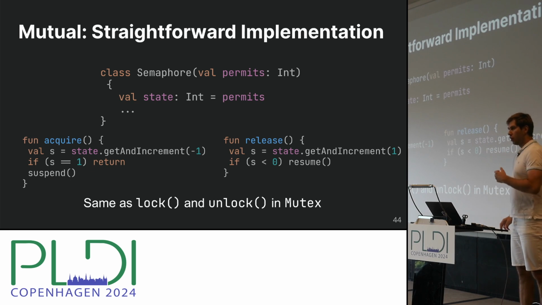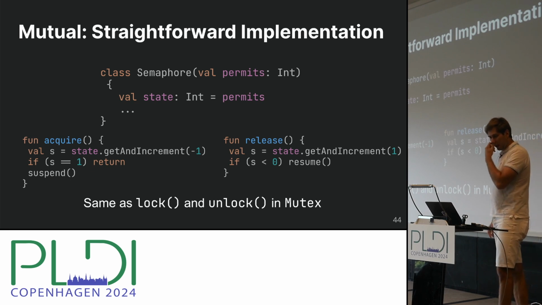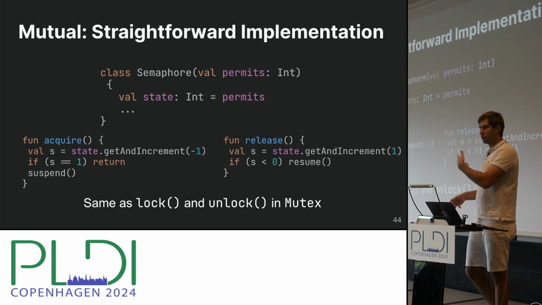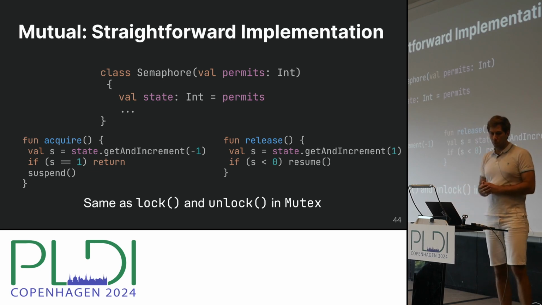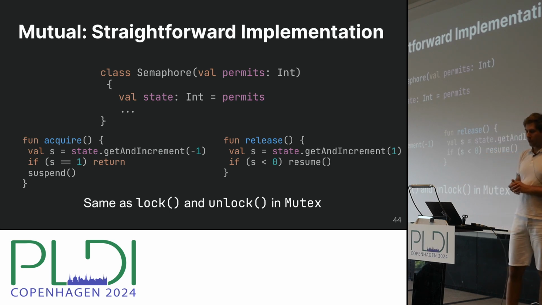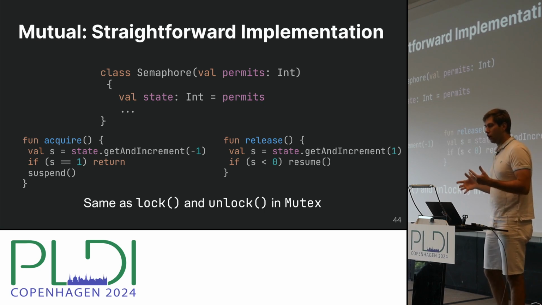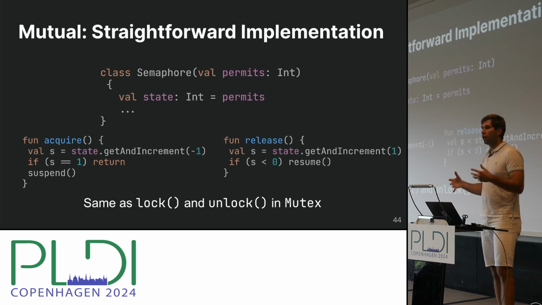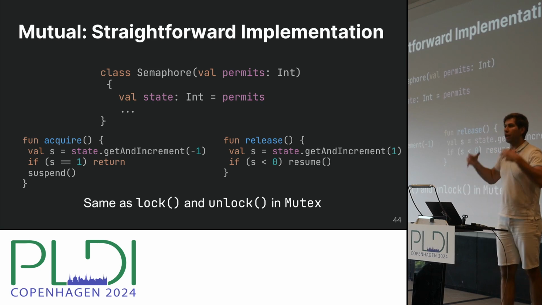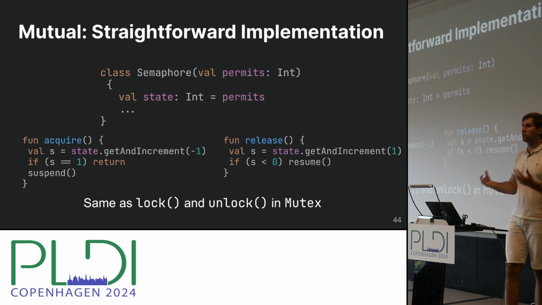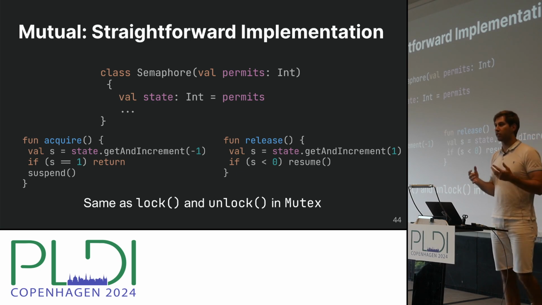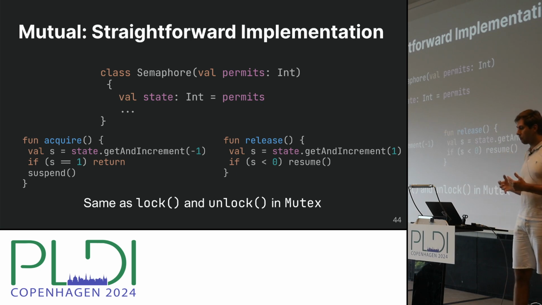And to measure the performance of this approach, we compared our mutex and semaphore implementations with Java's implementations, because in Java they also have a framework for designing synchronization primitives. It's called abstract queued synchronizer.